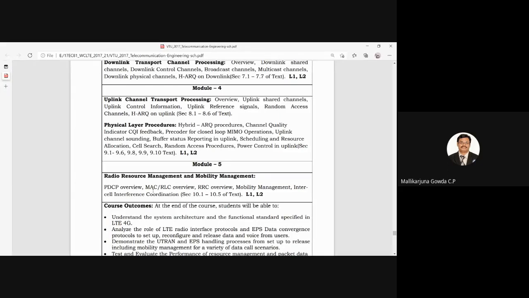Anyone can say the expansion of MAC? It is medium access control layer. RLC means radio link control layer. RRC means radio resource control layer. We will be discussing all these in detail.